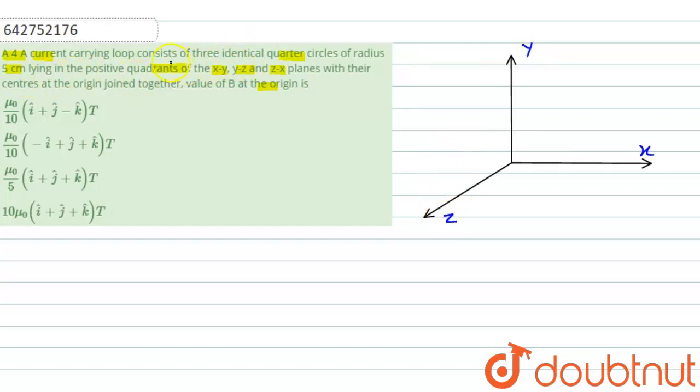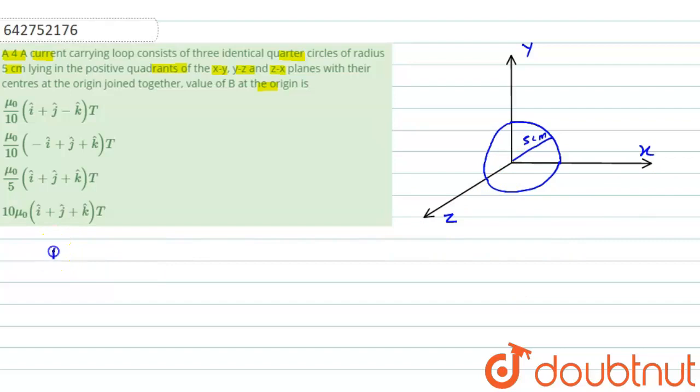According to the question, the current carrying loop consists of 3 identical quarter circles, that means in the xy, yz, and zx planes, and the radius is given as 5 cm. So we have to find the value of the magnetic field at this point.